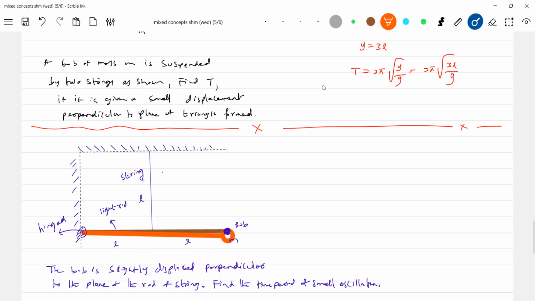But it should not be vertical, not in the XY plane. So again, it is in the YZ plane. It asks to calculate the time period of oscillation. Are all of you able to understand? So this rod can rotate like this also, can rotate like this also, in any plane. In all directions it can rotate, but the string will not permit it to swing like this. Not possible. If there was a spring instead of a string, it would have been. But here it's a string.